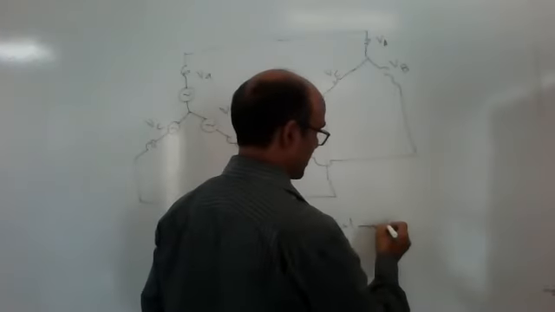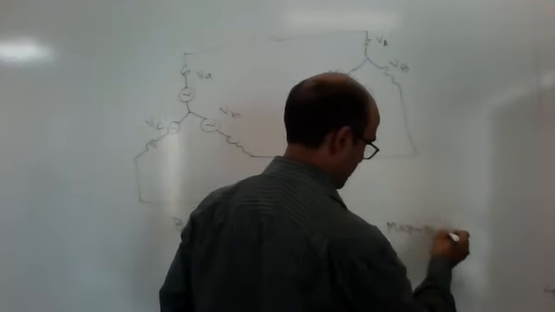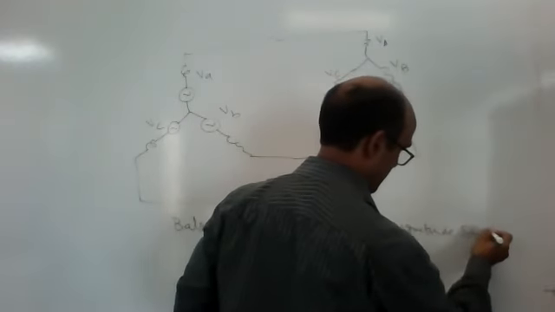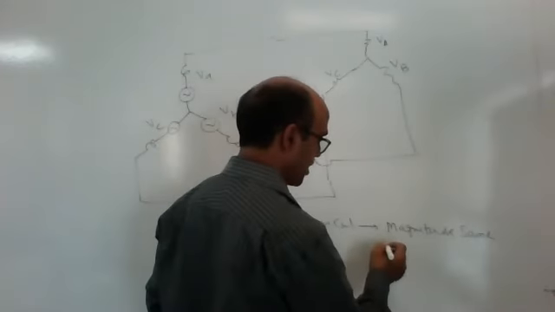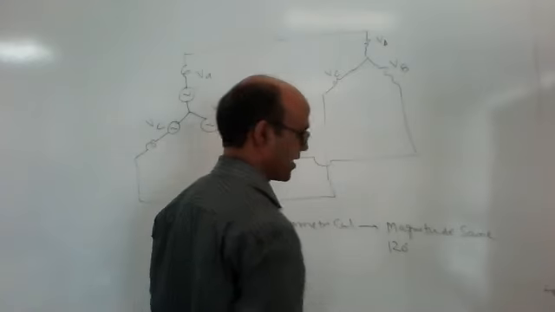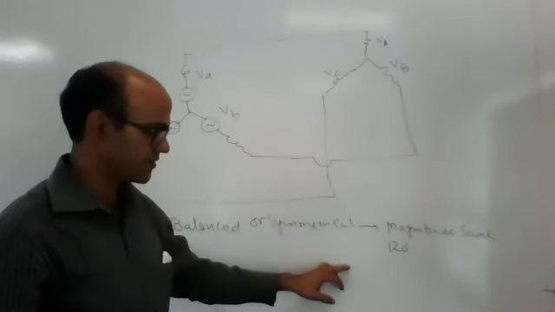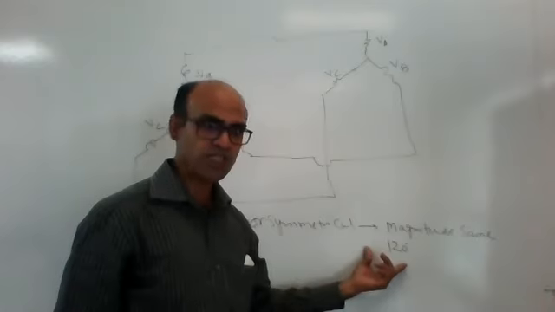It means their phase magnitudes are the same. The first condition: magnitudes are the same, and the second: all the phases are displaced 120 degrees from each other.